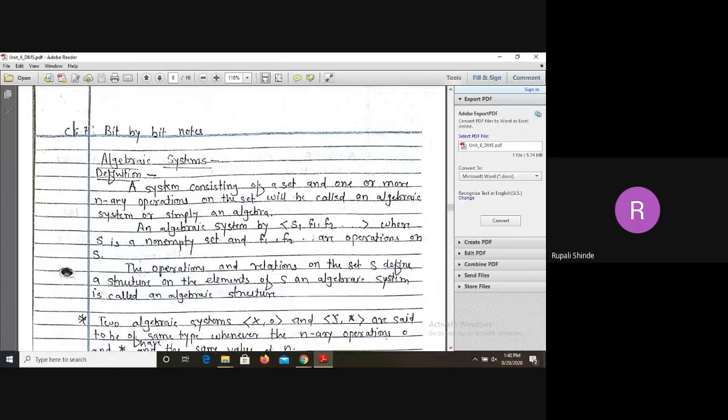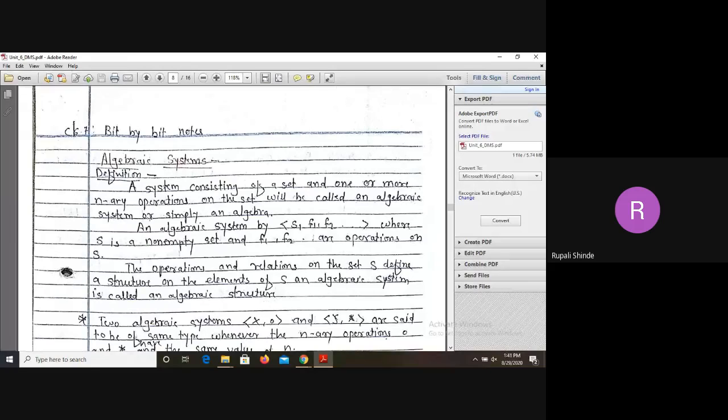Now the operations and relations on set S define a structure on the elements of S, and that is called an algebraic structure. Whatever operations and relations we have defined on set S form a structure for the elements of the given set, and that structure is called an algebraic structure.